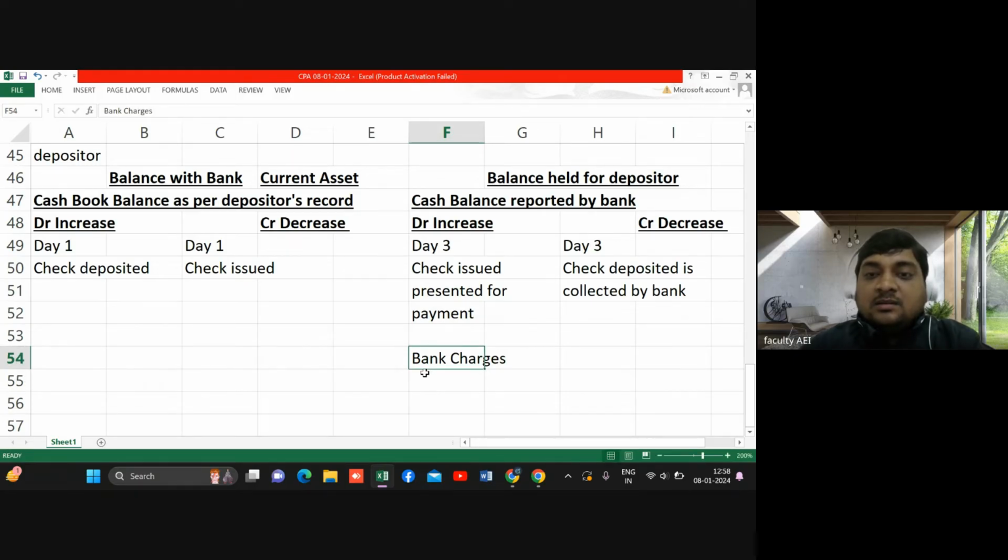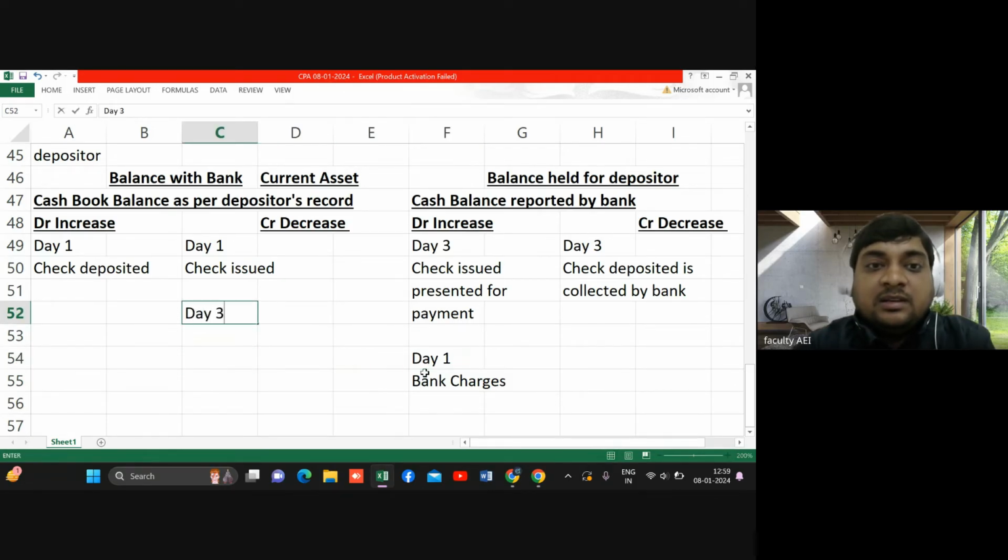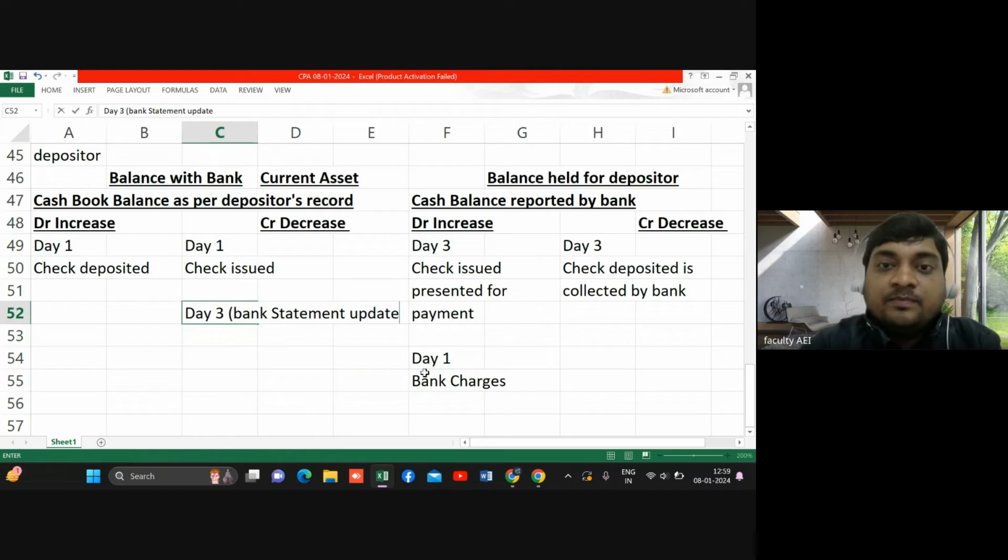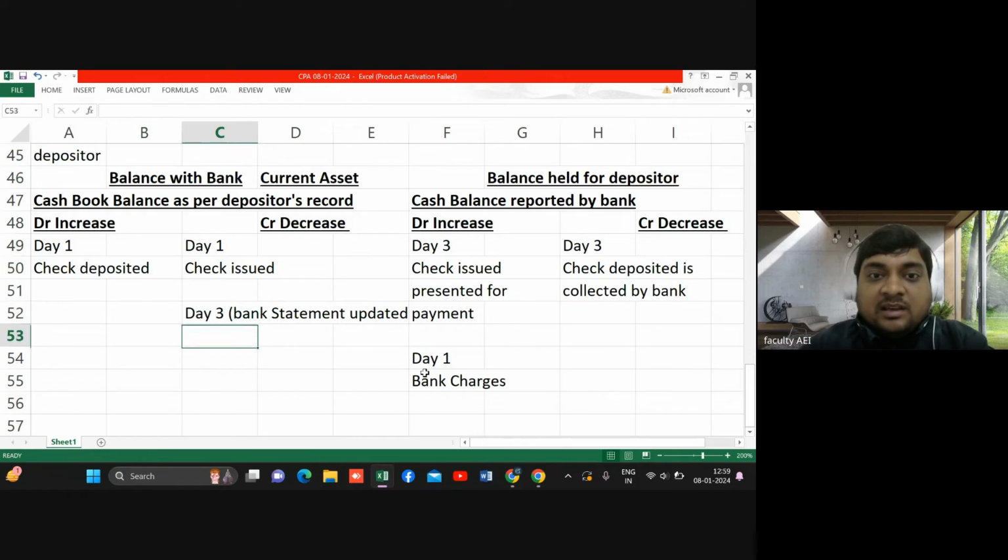So again, there might be a case that this is happening on day one, and I have updated on day three. Day three, bank statement updated, right? So on day three, I will do bank charges, right? Something sort of this.